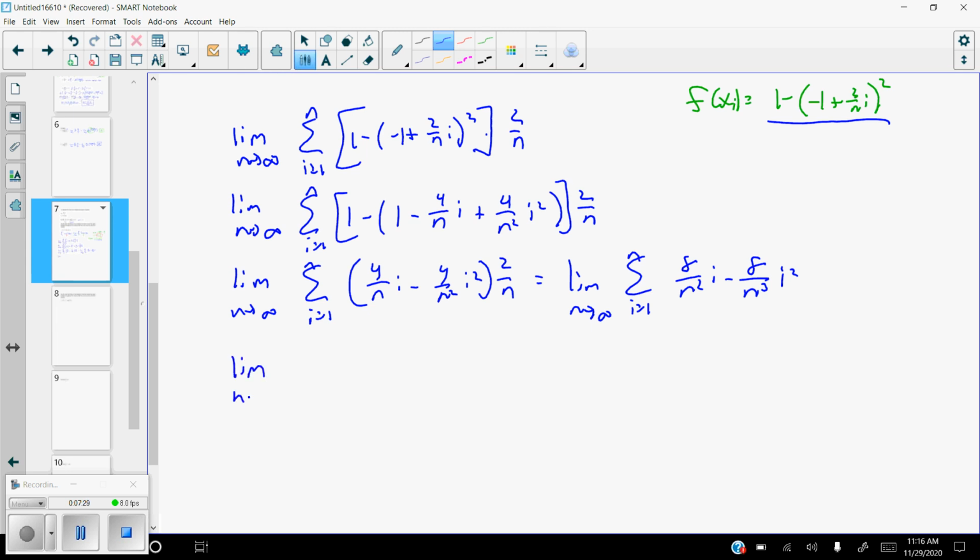And after this problem, I'm probably going to start doing this in one step so that I'm not writing so much. The first one, I'm going to separate out the 8 over n squared times my sum of i. Now I can separate out the 8 over n cubed times my sum of i squared.